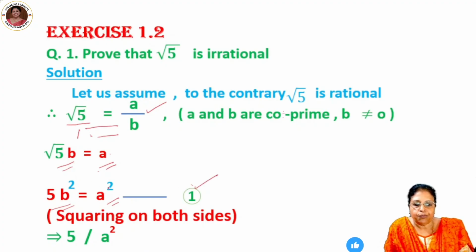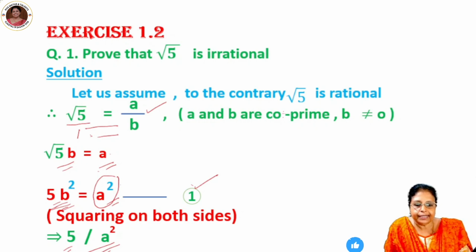See this. a square is equal to 5b square. That means a square is a multiple of 5. So you can say 5 divides a square. Here see, 5 is a prime number and a is an integer.